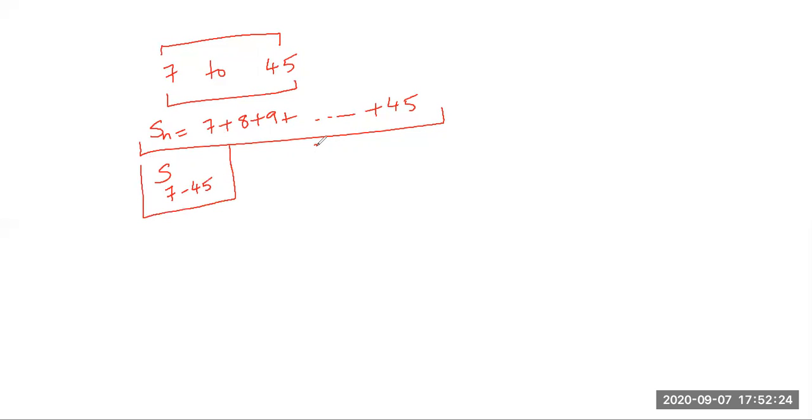But we do have formula for 1 to 45 terms. Am I right? Now, suppose we have sum of 1 to 45, and we also have sum of what? 1 to 6 terms. Now, can you tell how we can find sum of 7 to 45? In case this and this we find separately.